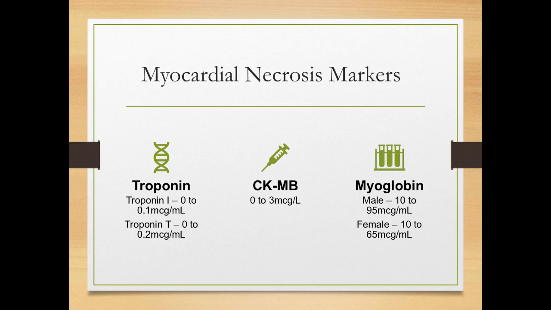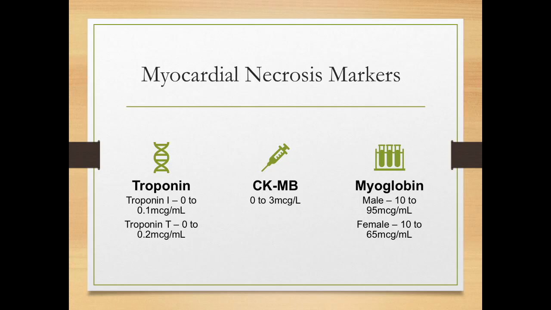We measure multiple times and see if it's greater than 0 and trending up, or greater than 0 and trending down. When did that cardiac event occur? Is it ongoing? Do we need to act now, or can we wait till, let's say, the morning for a cath?